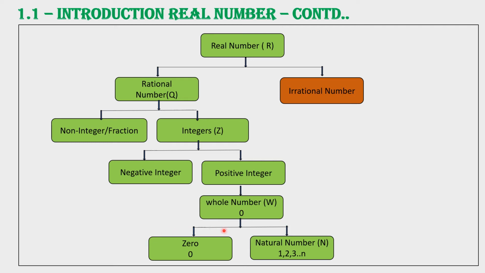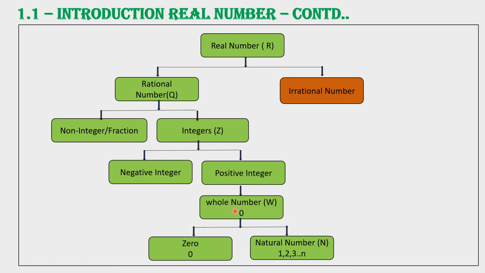Look over here, we have 0 and the natural numbers, denoted by capital N. Any number starting from 1 till n is a natural number. If you combine both of them, it makes whole numbers. That means whole numbers are 0, 1, 2, 3, 4 till n.